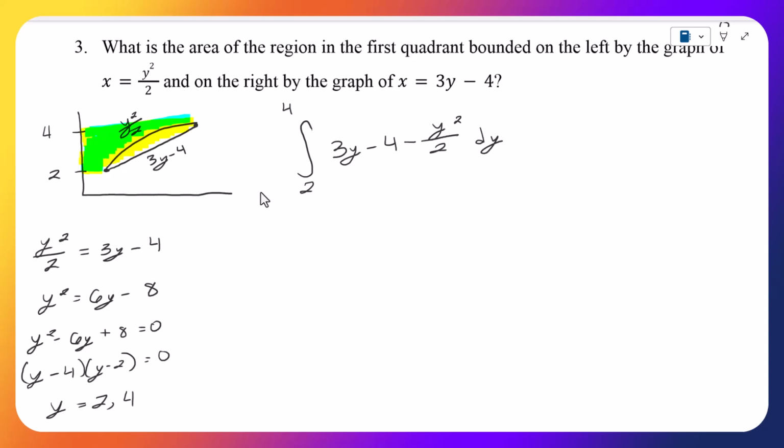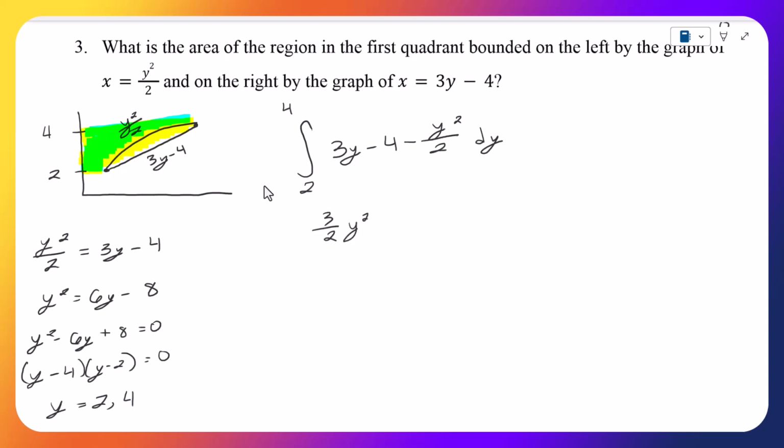Okay, now let's actually integrate this. I'm going to go through this integration pretty quickly, but this one is a little more complicated than the last one because we're going to have fractions, and our numbers are also going to be a lot uglier. We're going from 2 to 4. For 3y, I'm adding 1 to the exponent, so we get 3y squared divided by 2.